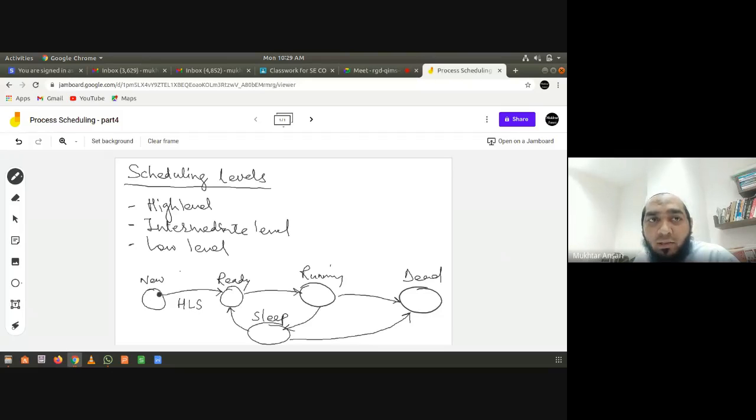Here I write in short: high level scheduling. We are going to understand the term scheduler later, but I'm introducing it right now: this is the high level scheduler. It is a component of the operating system which helps the processes go for scheduling. So we have high level scheduling, which is the one where your process is moved from the new state to the ready state.